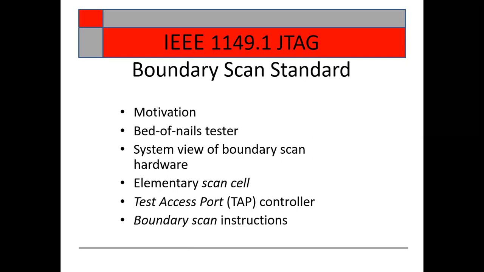Many IC manufacturers make ICs that conform to this standard. Such ICs can be linked together on a PC board so that they can be tested using just a few pins on the board.